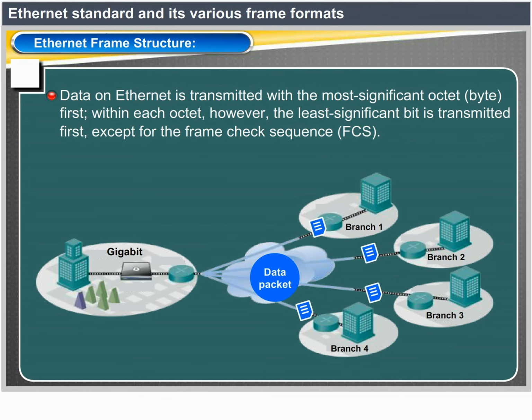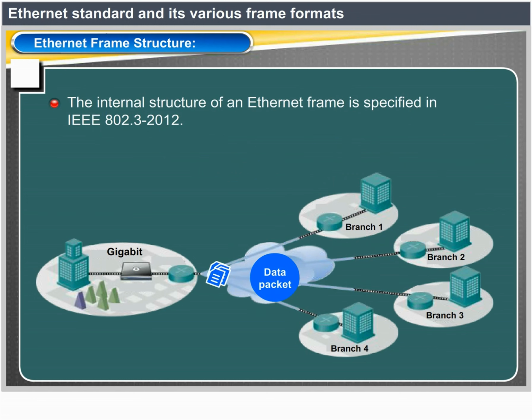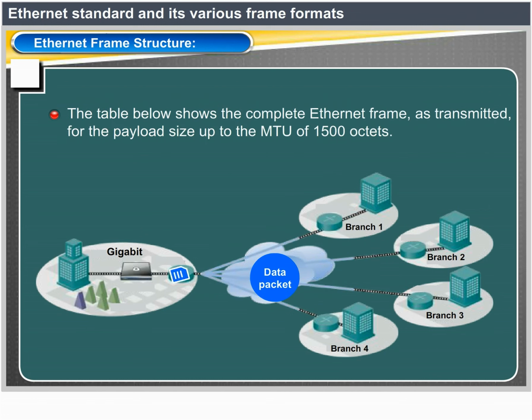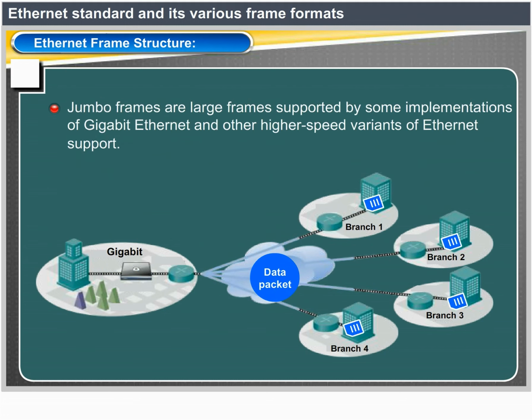The internal structure of an Ethernet frame is specified in IEEE 802.3-2012. The table below shows the complete Ethernet frame as transmitted, for a payload size up to the MTU of 1500 octets. Jumbo frames are large frames supported by some implementations of gigabit Ethernet and other higher speed variants of Ethernet.